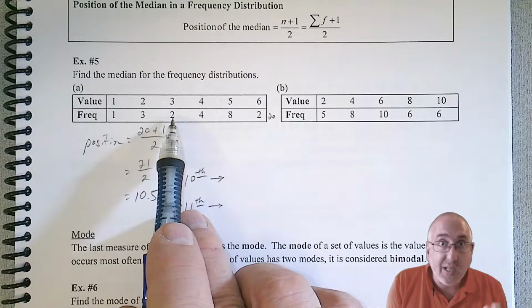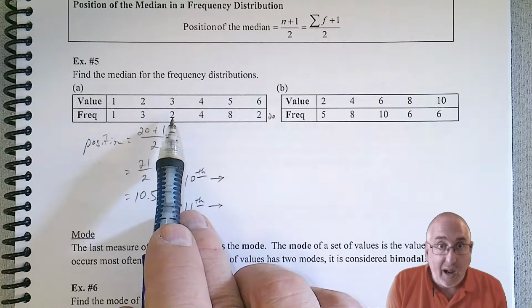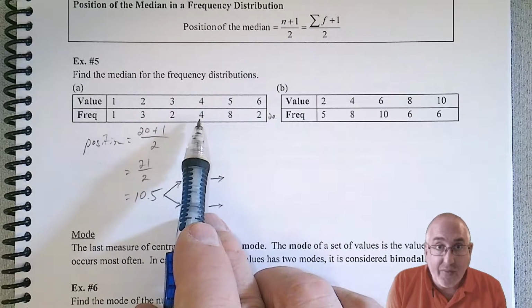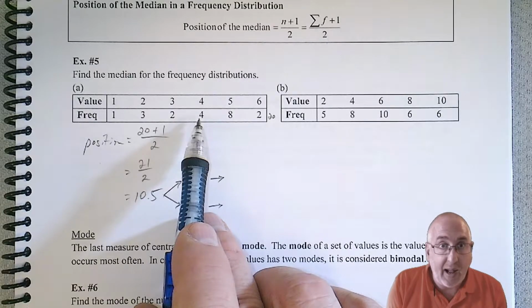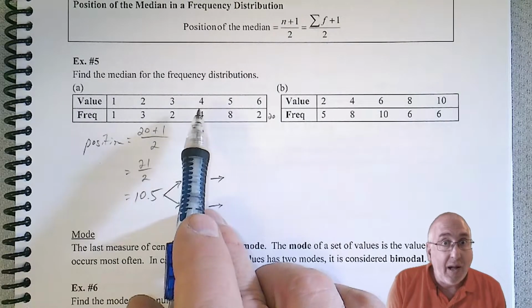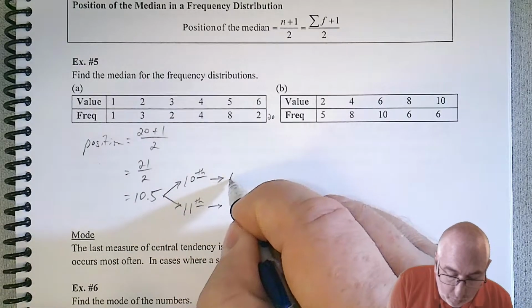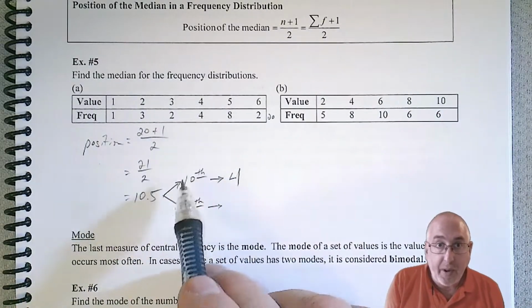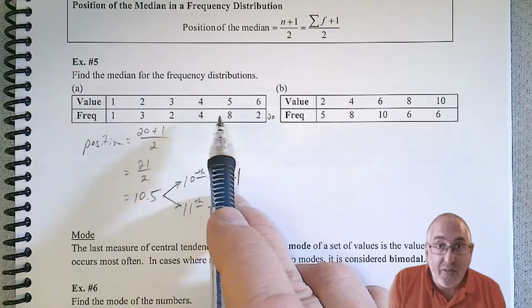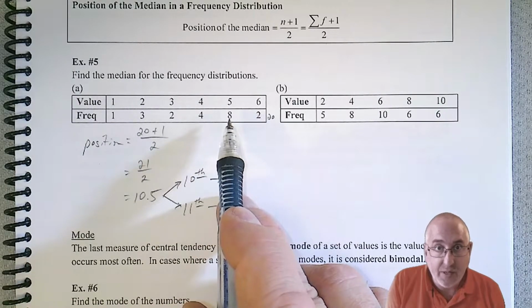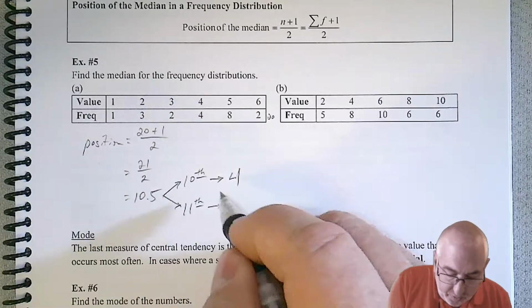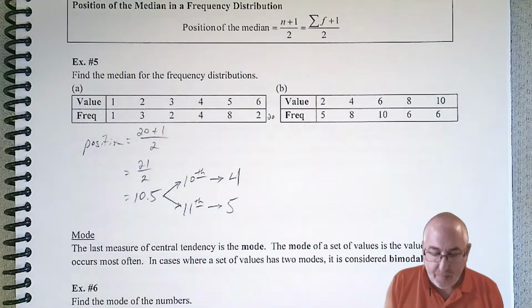So that's going to get us to the 6th number. And then the next 4 numbers after that, which gets us to the 10th, are 4s. So the 10th number is a 4. But now, once you go to the 11th number, that bumps us into the 5s. So 5 is the 11th number.